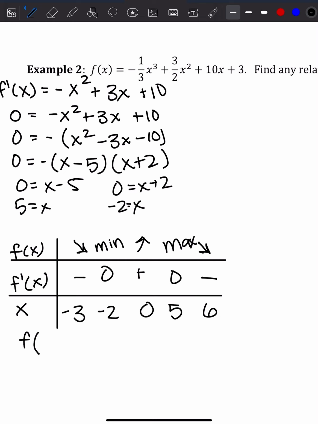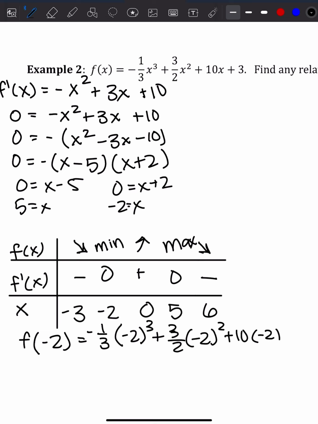So f of negative 2. I'm going to go ahead and plug it in. So we have negative 1/3 times negative 2 cubed plus 3/2 times negative 2 squared plus 10 times negative 2 plus 3. If I do that, I get a really unfortunate, but not really that unfortunate fraction of 25 over 3.